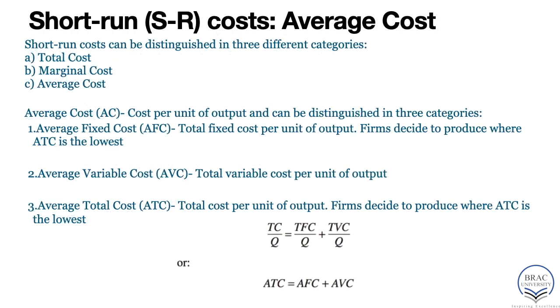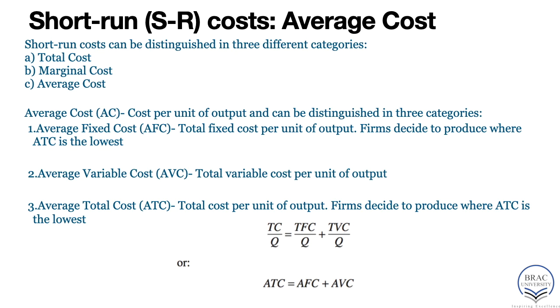Finally, we have average cost, where very simply, average cost is the cost per unit of output and can be distinguished in three categories. Number one, average fixed cost, in short AFC, which is basically the total fixed cost per unit of output. Then we have average variable cost, in short AVC, that is the total variable cost per unit of output.